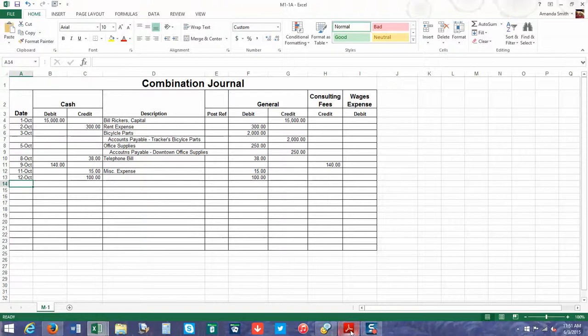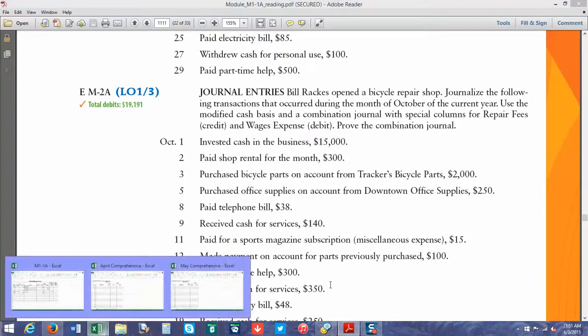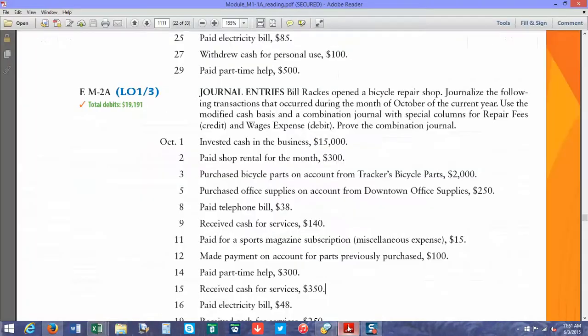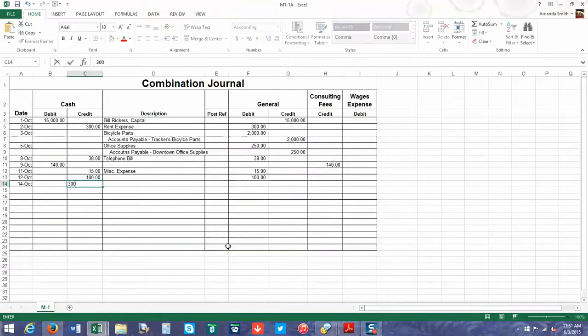Our next transaction would be we paid for part-time help of $300 on the 14th. So the 14th of October, $300. And then wage expense for $300.